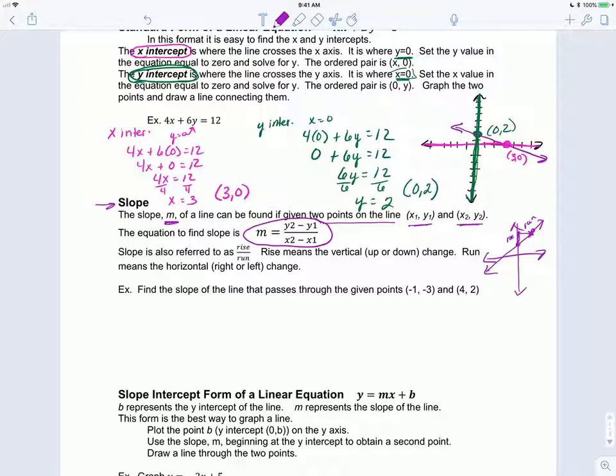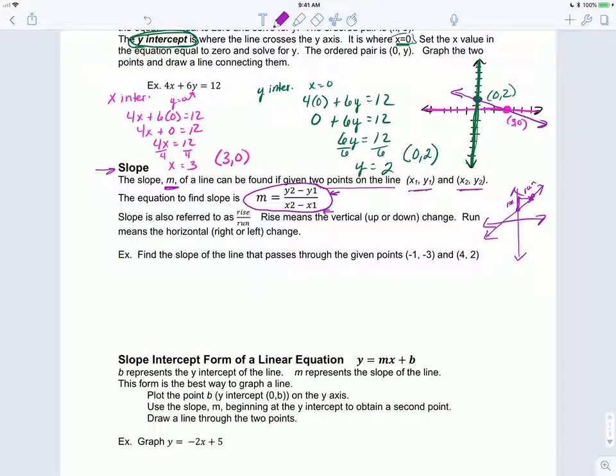It's also referred to as the change in the y value over the change in the x value, which represents this equation. Change in y is the difference between the two y values, and change in x is the difference between the two x values. No matter what the question is asking, if you are given 2 points on the line, the only thing you can do is find slope. So this is an equation that you need to remember.